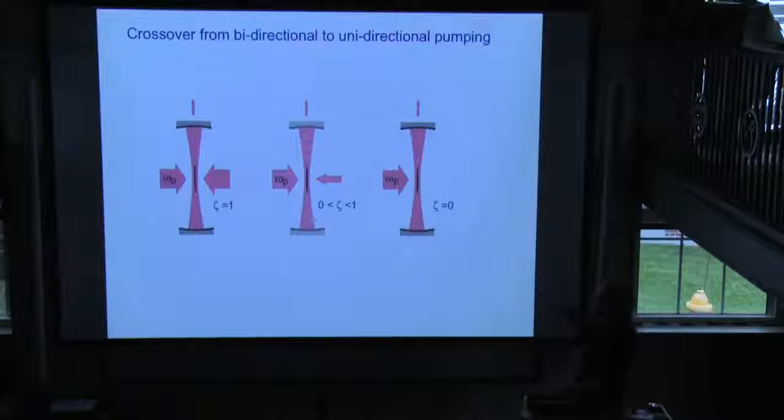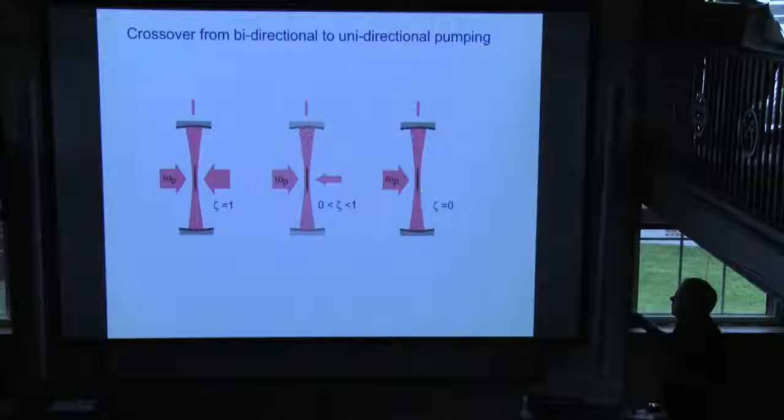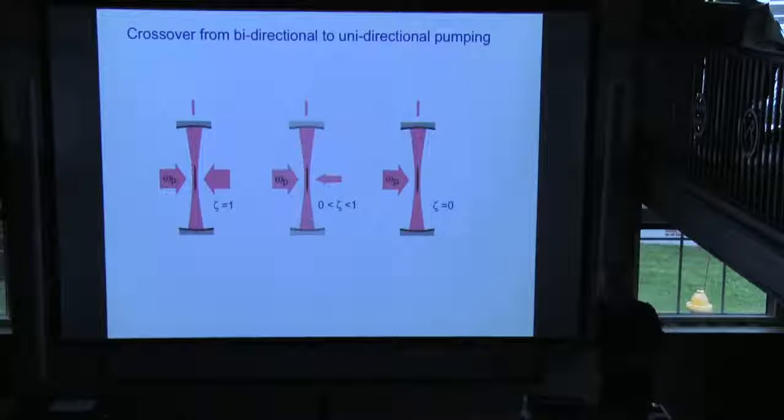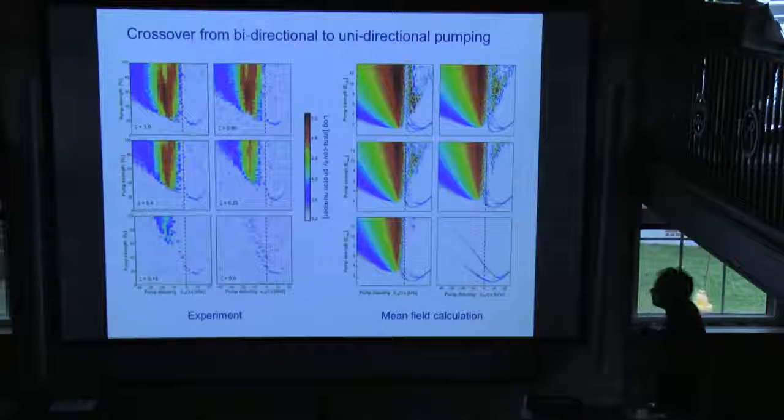So now the question arises, how about crossing from bidirectional to unidirectional pumping? So going from this situation here to this situation, how do these two worlds connect? I'm showing you what happens here.